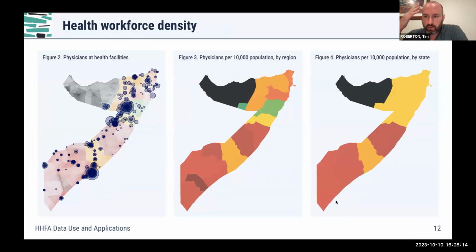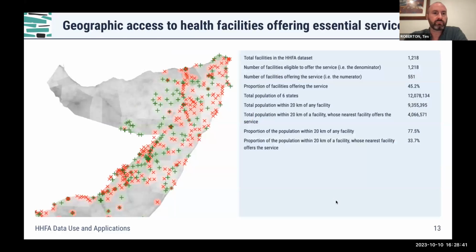So, often countries rely on human resources information systems. The HHFA is a good way to, again, get a validated gold standard account of who is working in what facilities. And so in Somalia, they did a census, so we can do this. And again, we're able to get really up-to-date, accurate gold standard estimates of health workforce density. I'm not showing the actual numbers here because we're still finalizing them.